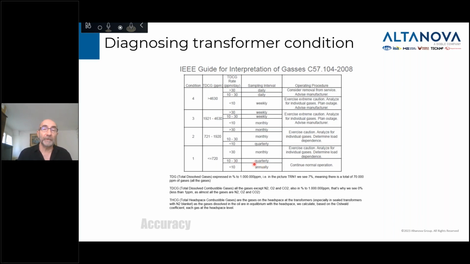If it's between 10 and 30, you do it quarterly, and if it's higher, you do it monthly. As the gas starts increasing and you go from condition 1 to 2, your sampling has to increase and your operating procedure has to change. But again, that standard is mostly just like an alarm system. It doesn't tell you if you have PD or if you have arcing.